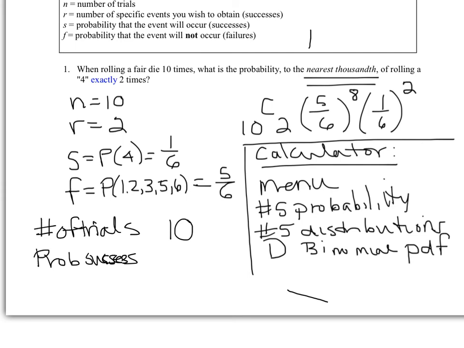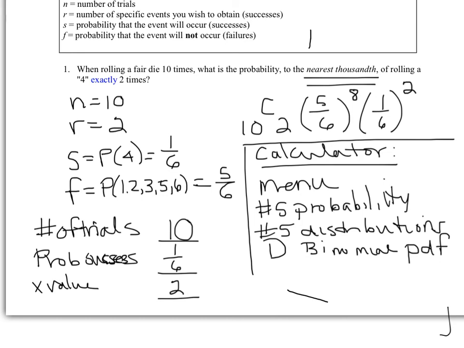So my probability of success was 1/6, which I can put in as a fraction. And then it asks me for the x value, which is the number of desired outcomes. So how many times did I want the 4 to come up? That would be 2. So these are the 3 pieces of information I need for my calculator to calculate the answer for me. I type them in, and then I write down my answer rounded.